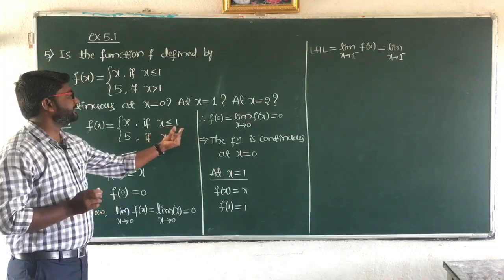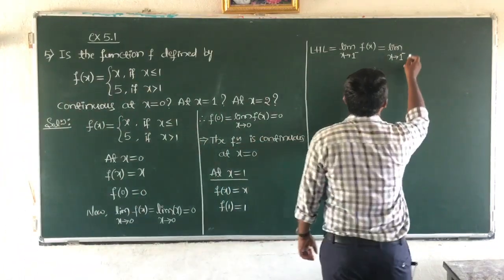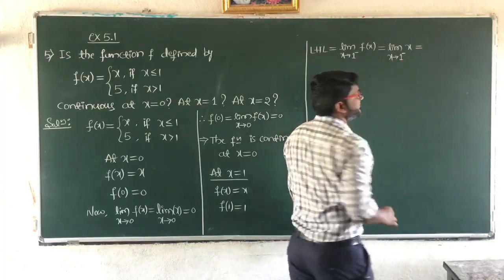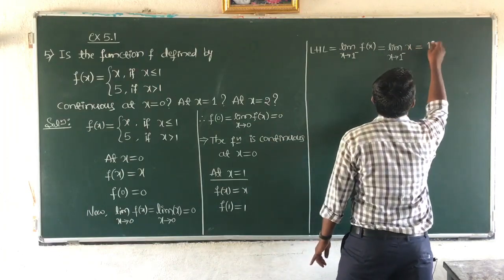For x less than 1, the function is x. So x less than 1 minus means it is almost equal to 1. So in place of x, if you write 1, it will be 1.